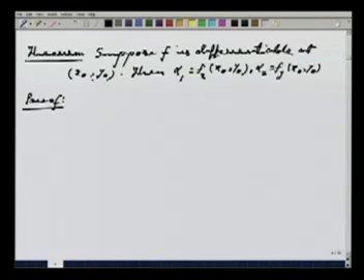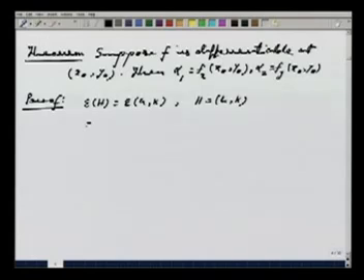Let us say I define epsilon of h, which is epsilon of hk. So h always stands for the vector hk. Then what is this epsilon?